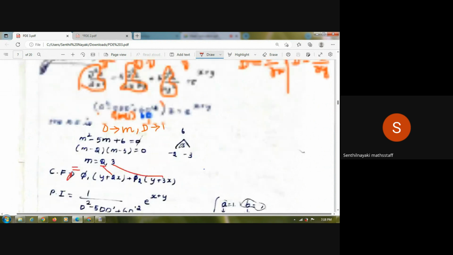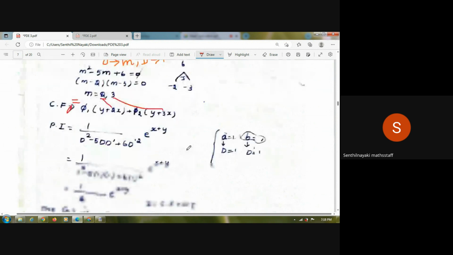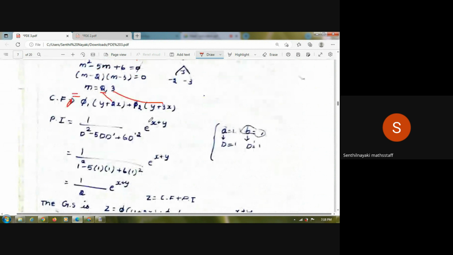If it is the right hand side, we have to replace d by a and d dash by b. Here a is 1 because the coefficient of x is 1, and b is 1 because the coefficient of y is 1. So replace d by 1 and d dash by 1.